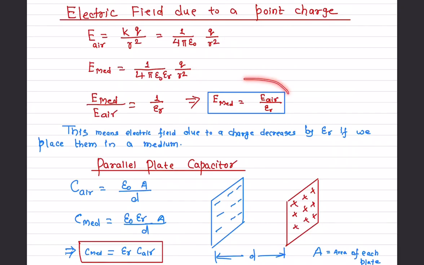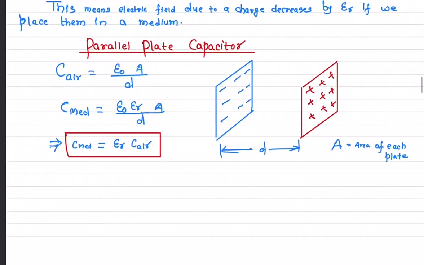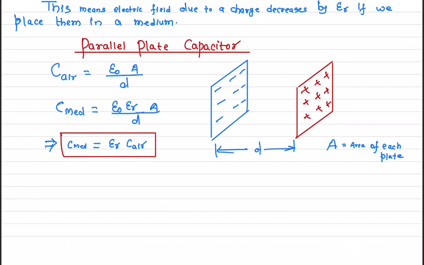So again, if you just compare these two equations and divide, what you get is the electric field in the medium is the electric field in the air divided by the relative permittivity or the dielectric constant. That means the electric field decreases if you place them into a medium compared with the air.